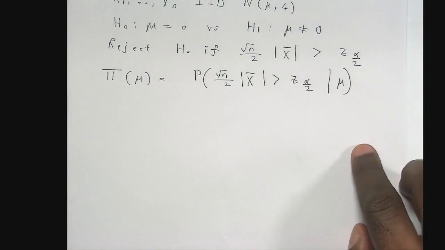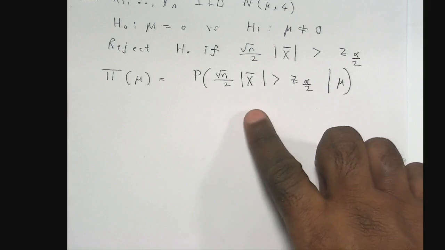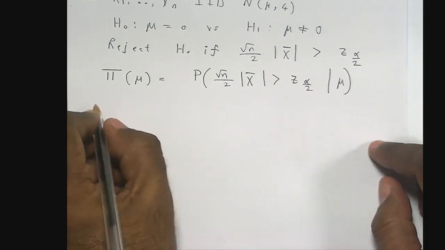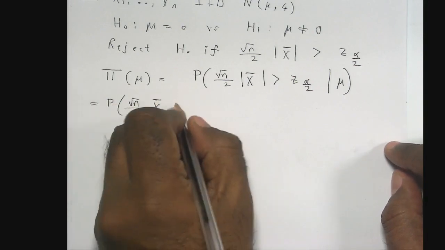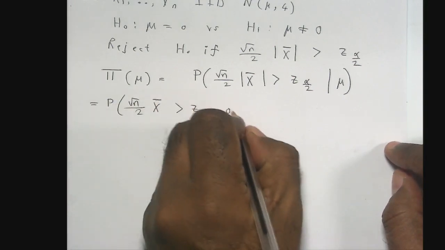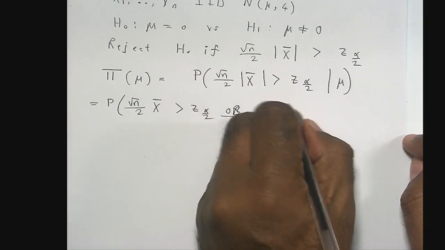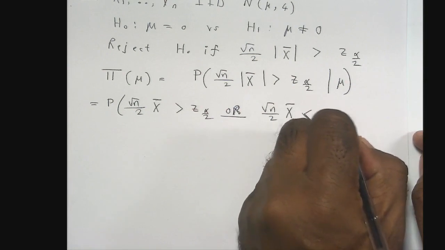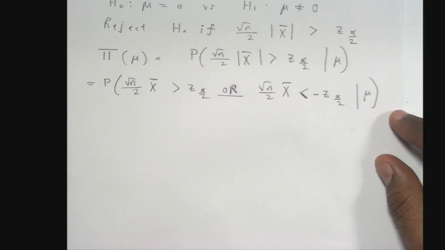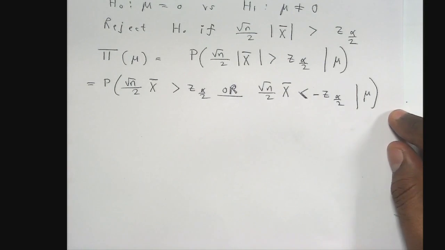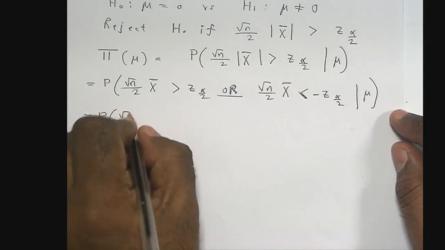Now the first thing you must do, I think I already did a similar question in the lecture this afternoon, is to remove the absolute sign. So I'm going to do that. The second thing you must do is the standardization. I've done this enough times, guys.